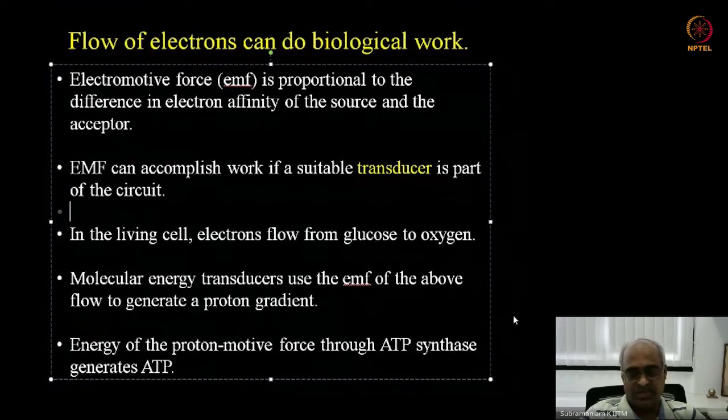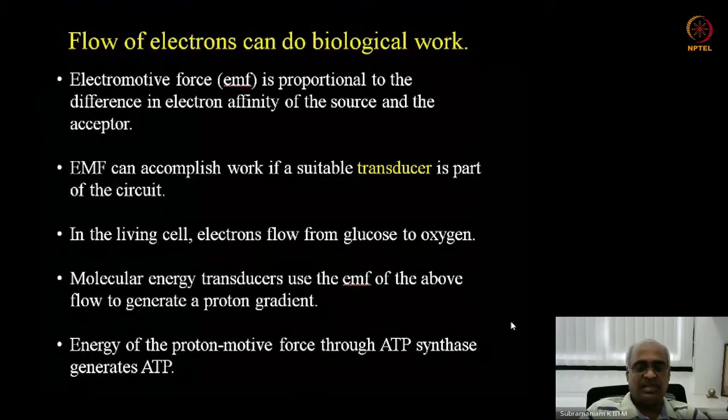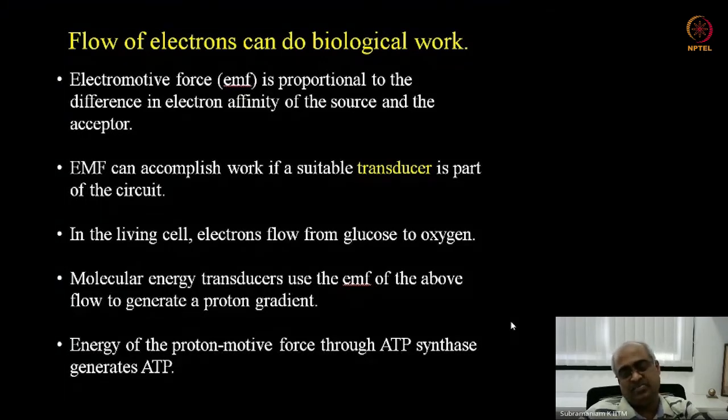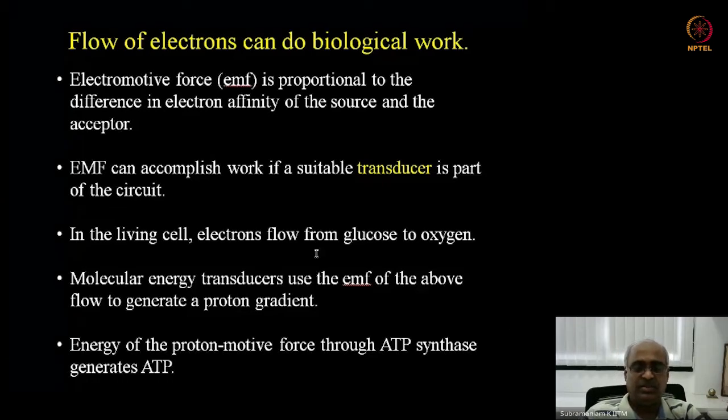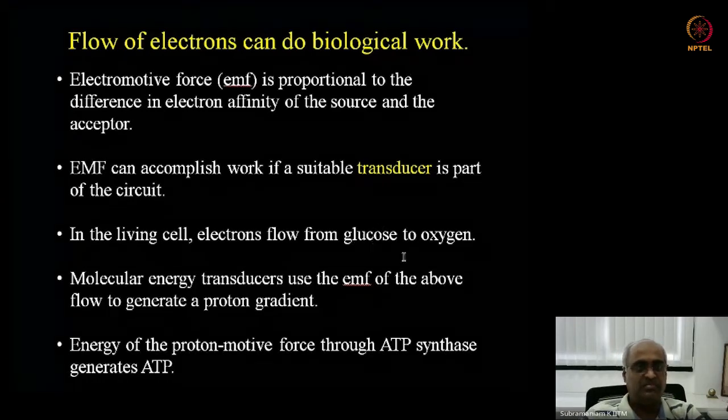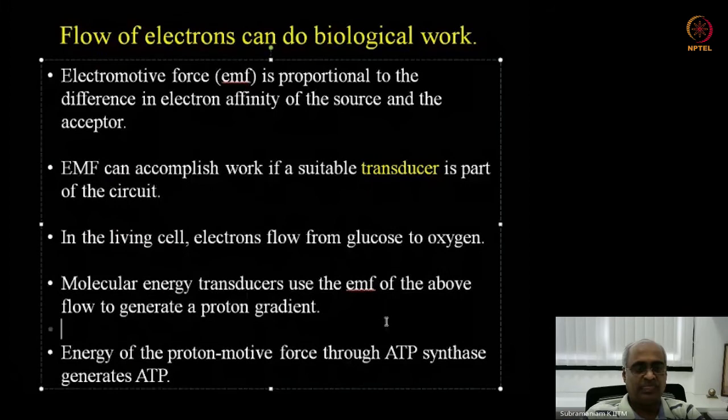Oftentimes to discuss biochemistry, we will keep our conceptual centering on the carbohydrate chemistry, particularly glucose, because this is the major molecule involved, and the metabolic conversions of glucose is what is the best understood in terms of mechanisms of enzymes involved, etc. And the molecular energy transducers use the EMF of the above flow to generate a proton gradient.